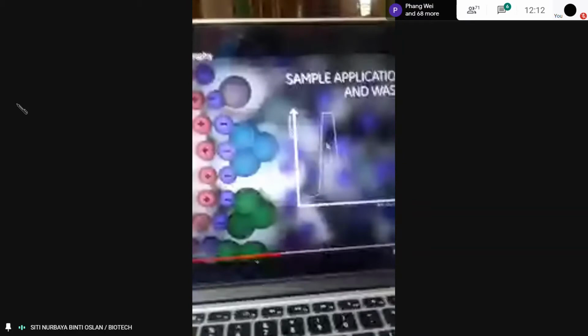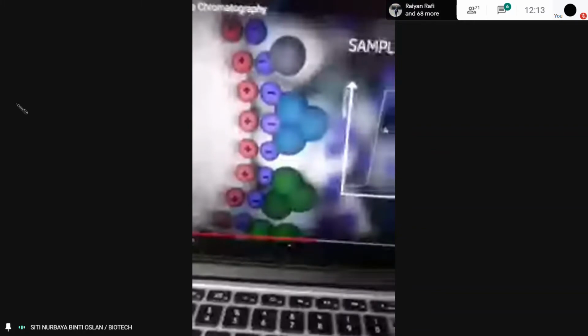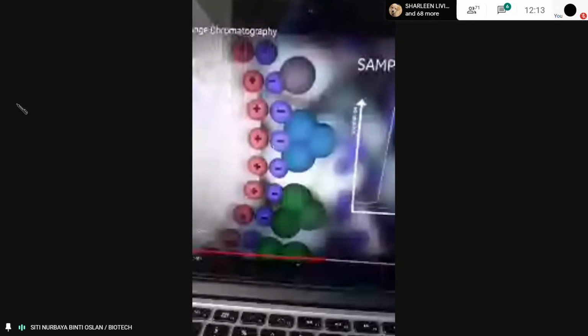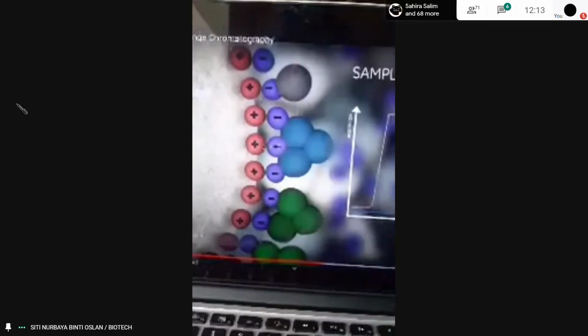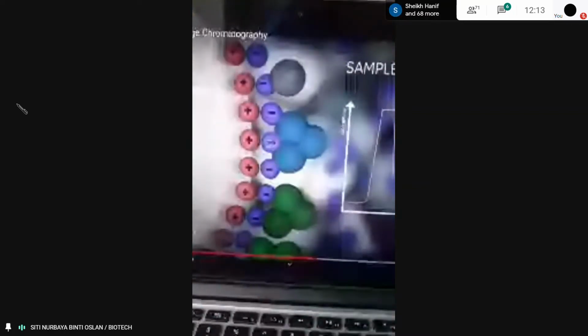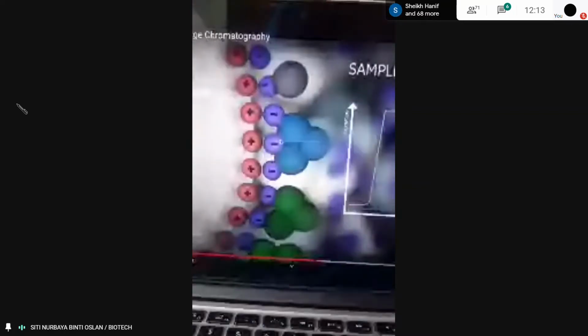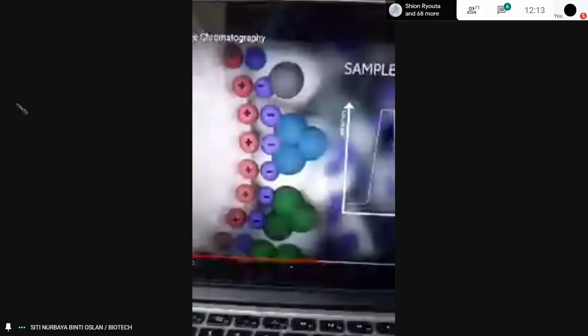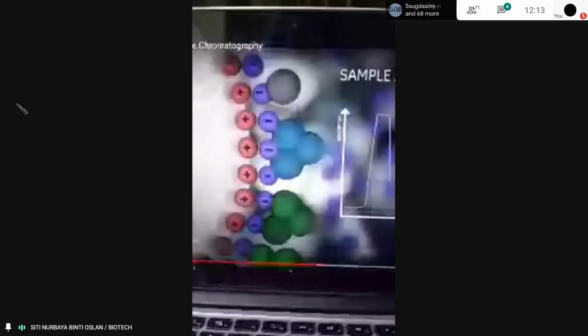The peak here represents the unbound protein. What is the unbound protein? It is a protein having a similar charge to the matrix. The matrix will attract only the opposite charge. If it is positively charged, only the negatively charged protein will bind to this. The positively charged protein will be eluted out, will come out.